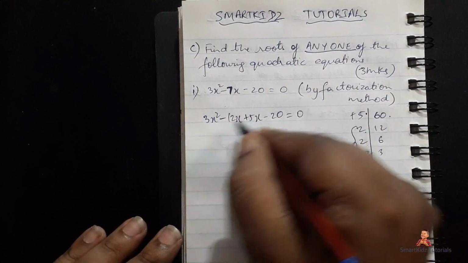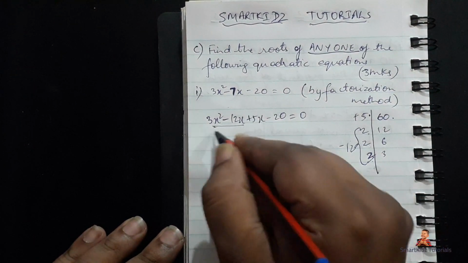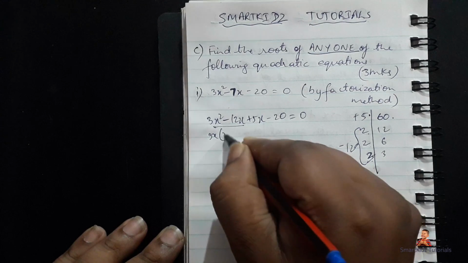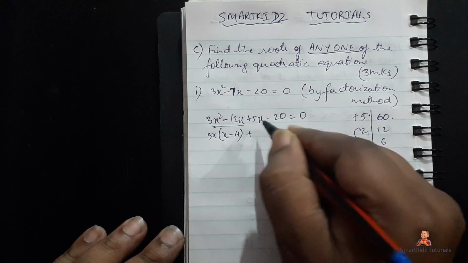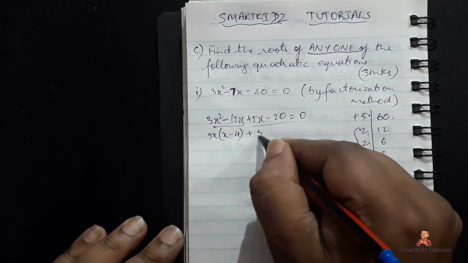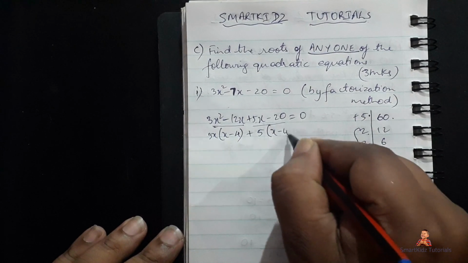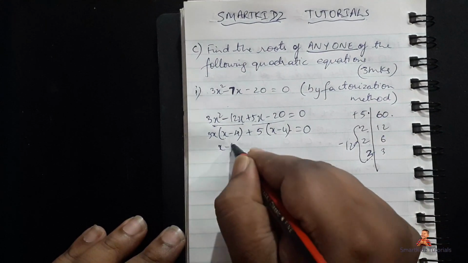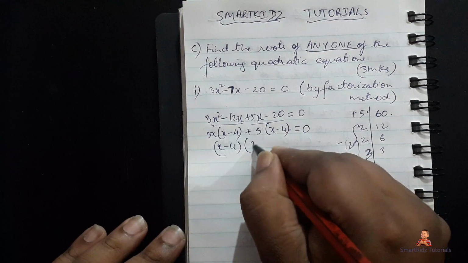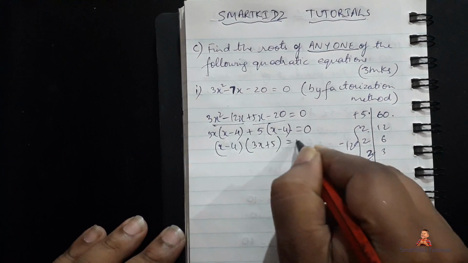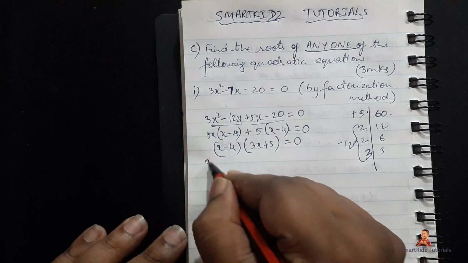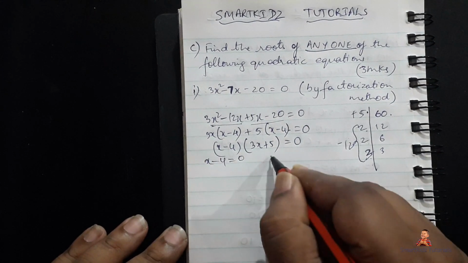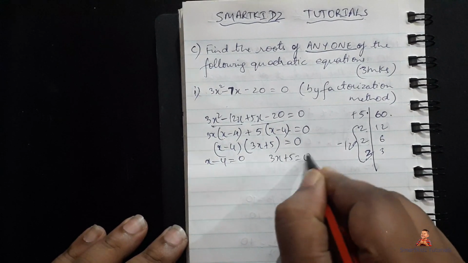Okay, so I'll take 3x common between these two. You get 3x, and what is left is x minus 4, and over here between these two I'll take just 5 common, so I'm left with x minus 4 once again equal to 0. So x minus 4 is common, so I put x minus 4 here. What is left behind is 3x plus 5 equal to 0, which means we can get x minus 4 equal to 0 and 3x plus 5 equal to 0.